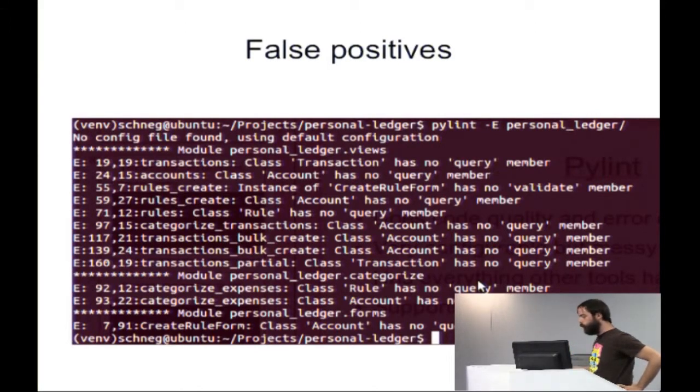Even though Pylint is aware that I am using SQL alchemy, it's not aware that these functions are created. These members exist. So to get around that, you kind of have to either ignore the warning or filter it somehow.